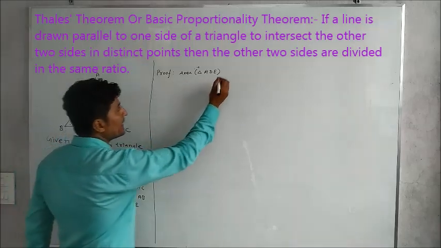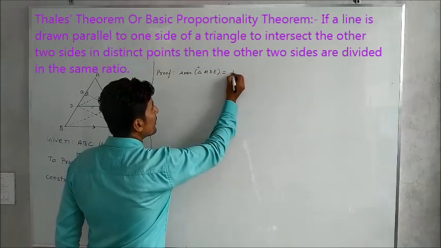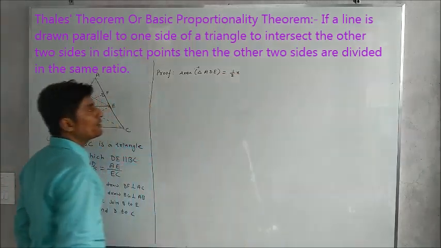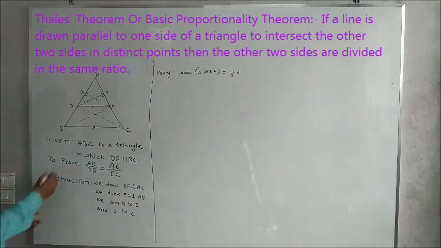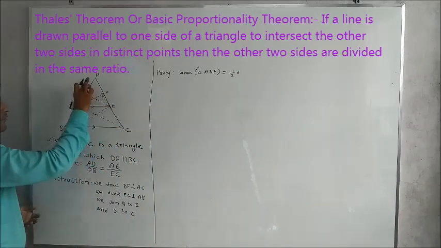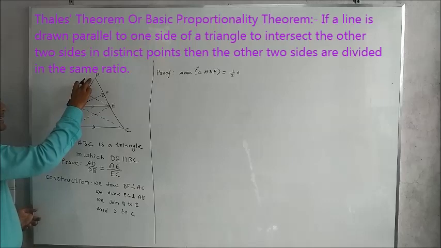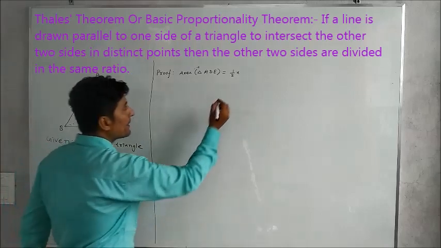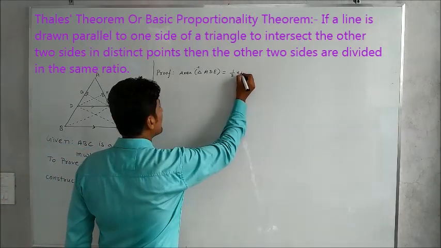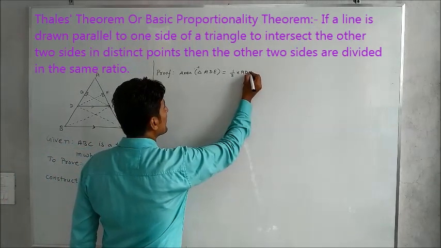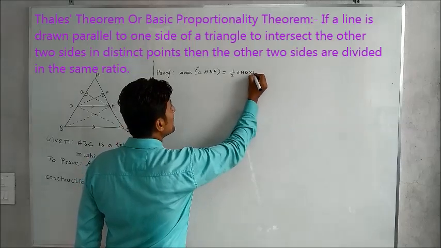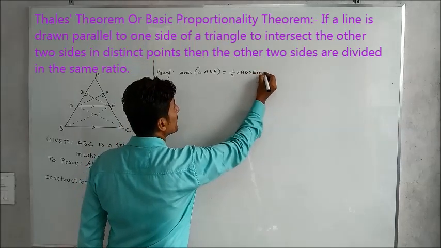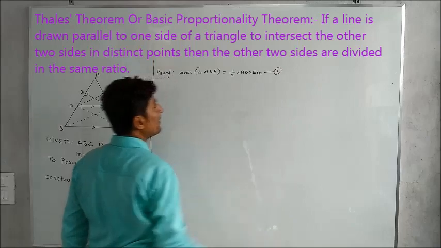Area of triangle ADE is equal to 1 upon 2 into base into perpendicular height. In this triangle, we take base AD, because on this base AD we have the perpendicular EG. If the base is AD, then the perpendicular will be EG. This can be equation number 1.